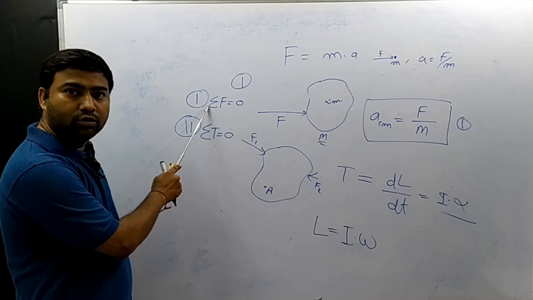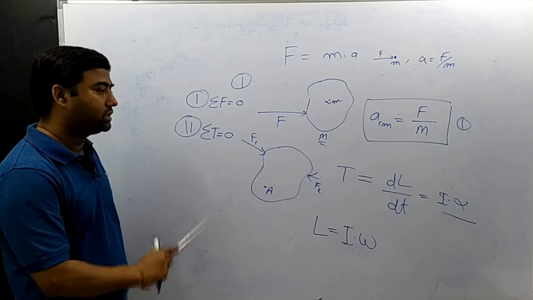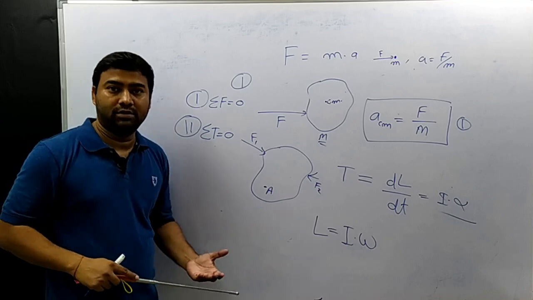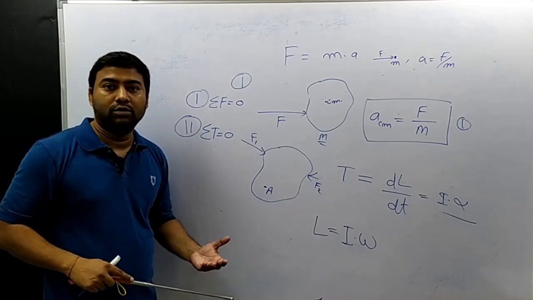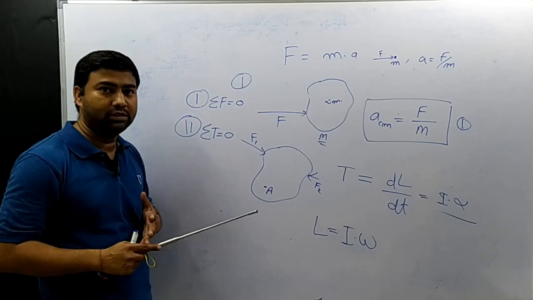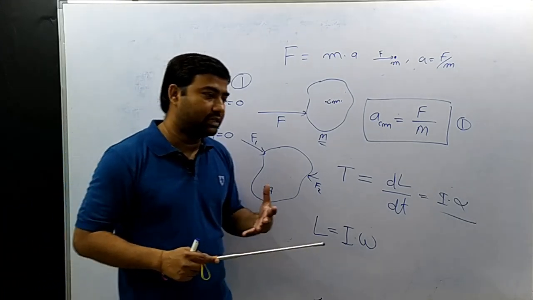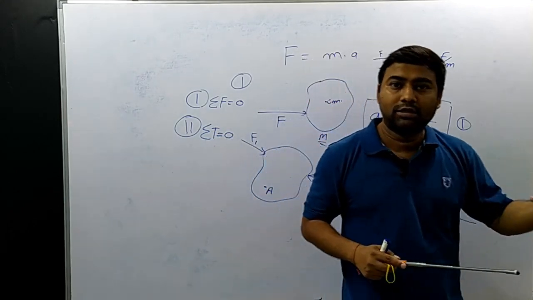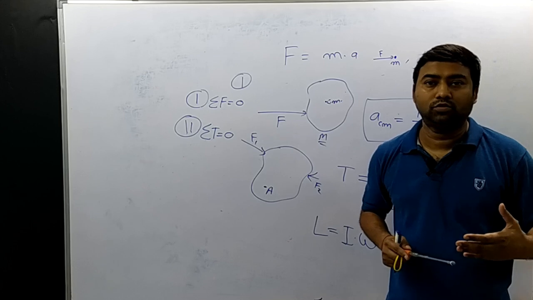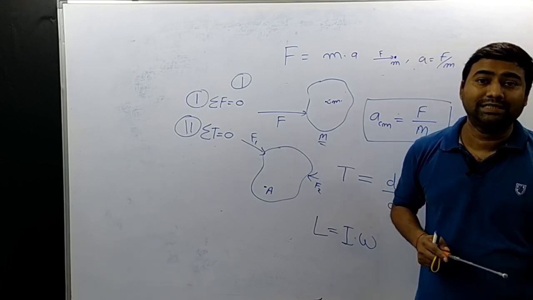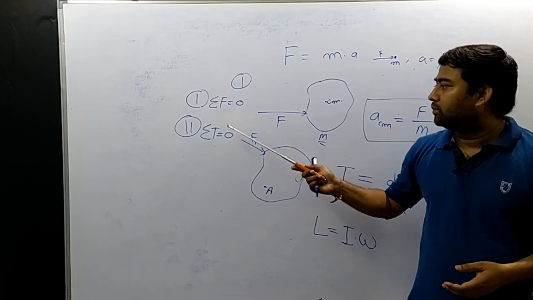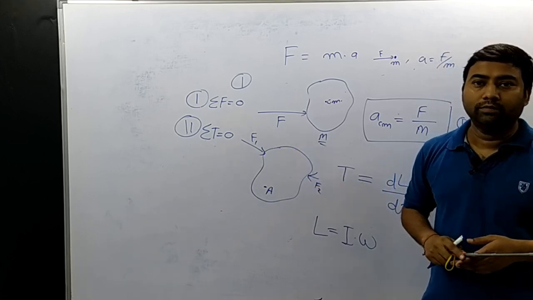This condition is for linear equilibrium and this condition is for rotational equilibrium. Both these conditions should be met for a body to be in equilibrium. This is the mathematical interpretation of equilibrium: the rotational and translational acceleration of the body should be zero. Then the body will be called in equilibrium.